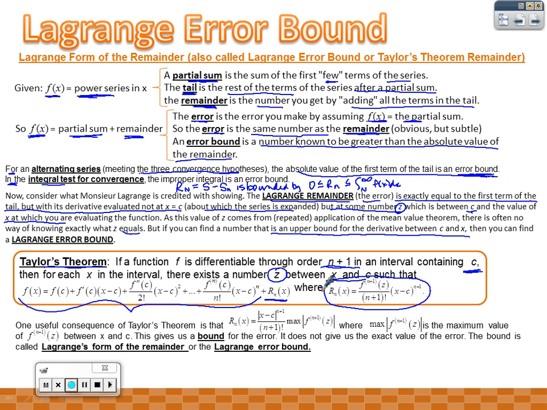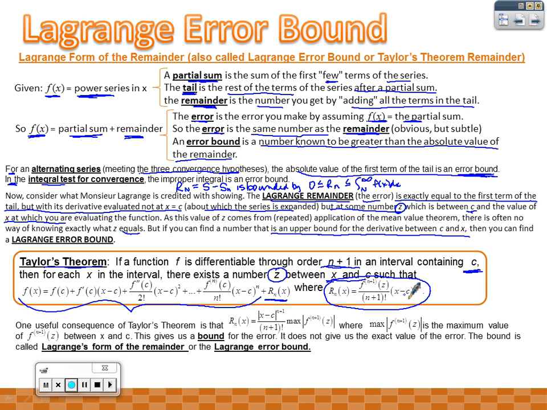This is the formula that Lagrange came up with. Now this formula should not look like a crazy formula. If you compare it to our normal Taylor series formula, the general term of the Taylor series, you'll notice the denominator is n plus 1 factorial, where it's regular n factorial. It's the next denominator, the next term.